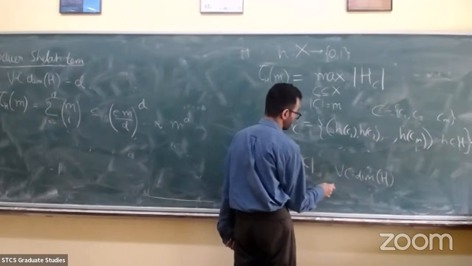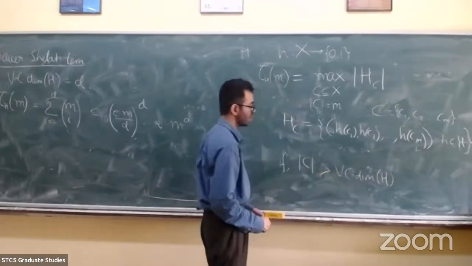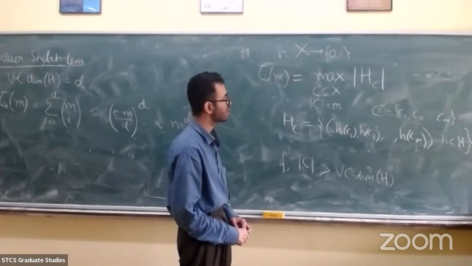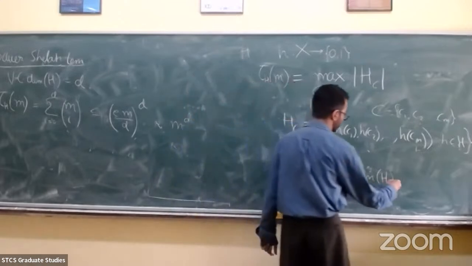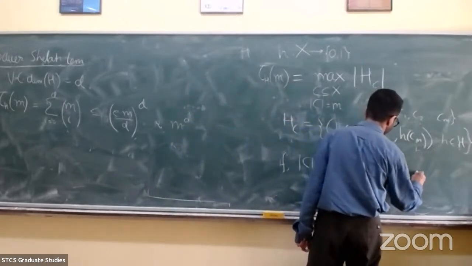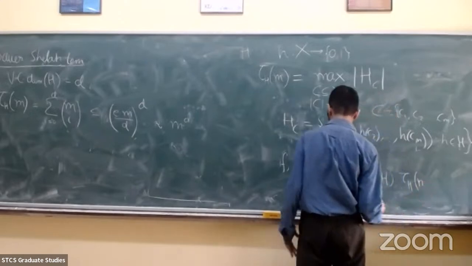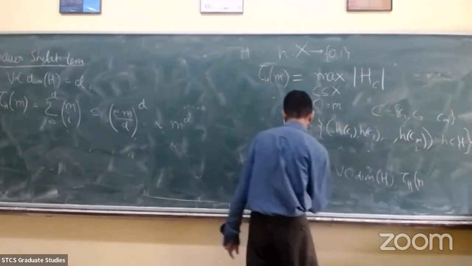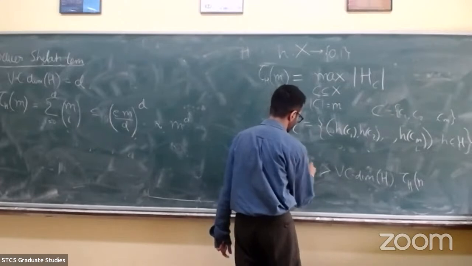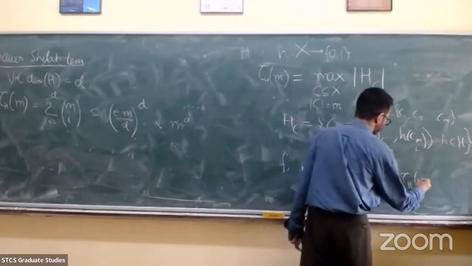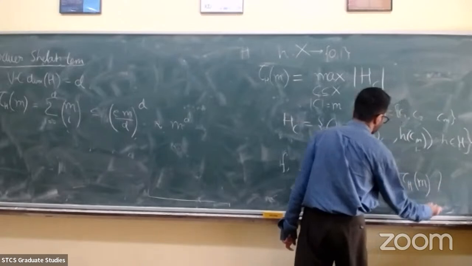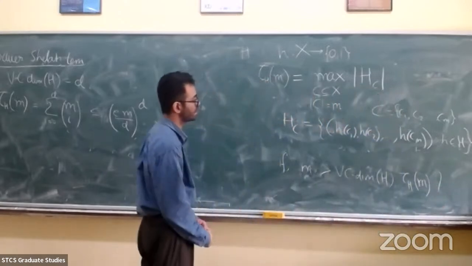Suppose m is bigger than the VC dimension of H. Then what can you say about tau_H of m? Basically, m is bigger than this. Then what can you say about tau_H of m?